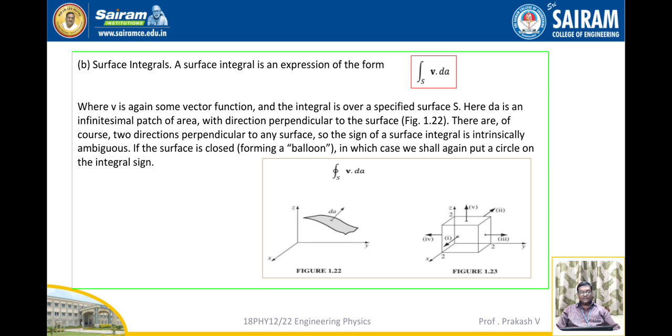A surface integral is an expression of the form integration S v dot dA, where v is again some vector function and the integral is over a specified surface S. Here dA is an infinitesimal patch of area.